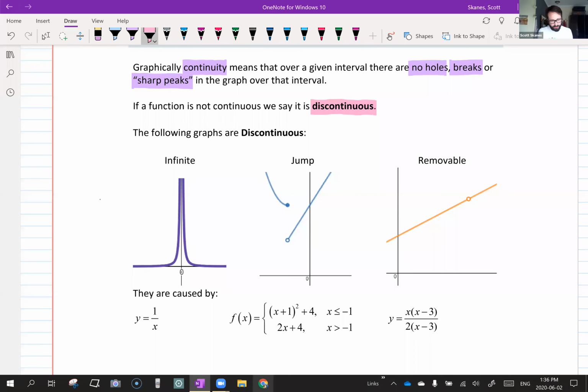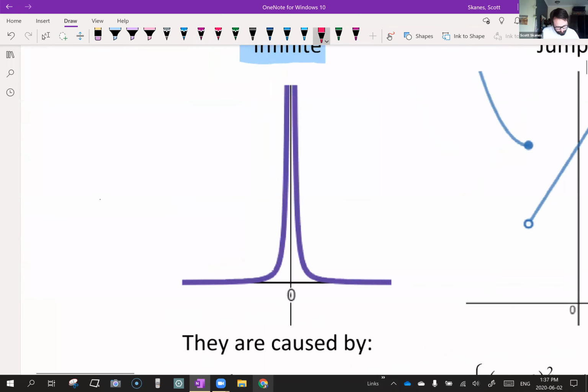So let's look at three different cases, okay? There are three cases. A graph has an infinite discontinuity if when we try to draw it, it suddenly jumps up to like a billion and has a break. Look, if I zoom in on this, the function actually never touches this point.